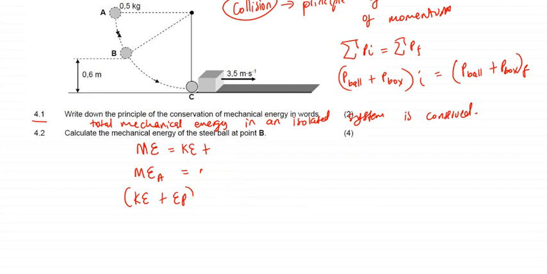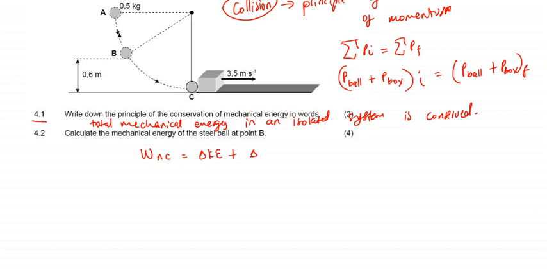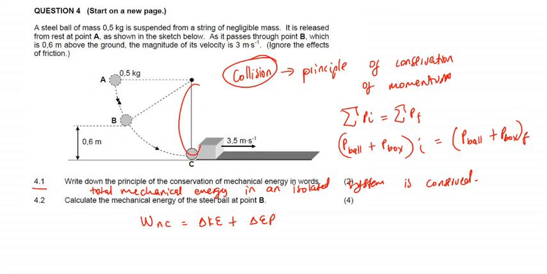Okay, but if this formula seems a bit difficult since it's new, then don't worry. What you simply have to do is use the formula that I gave you before. Remember this formula, WNC equals change in KE plus change in EP. Use it again. But because we are dealing with an isolated system here, whereby there's no friction, applied force or tension, don't consider this as the tension though, because this string doesn't really have any effect on the energy of the ball.